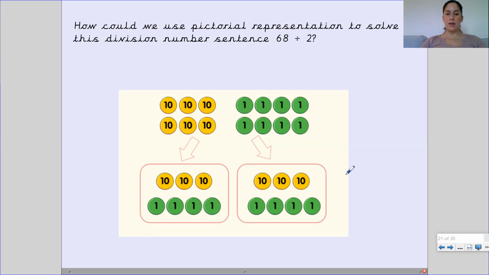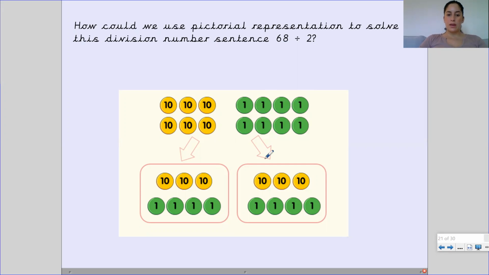Pause the video and have a look at what we've done here. Okay, so we had 68, 2, 4, 6 tens, which represents 60, and 2, 4, 6, 8 ones, which altogether represents 68. Then we wanted to divide it by 2.